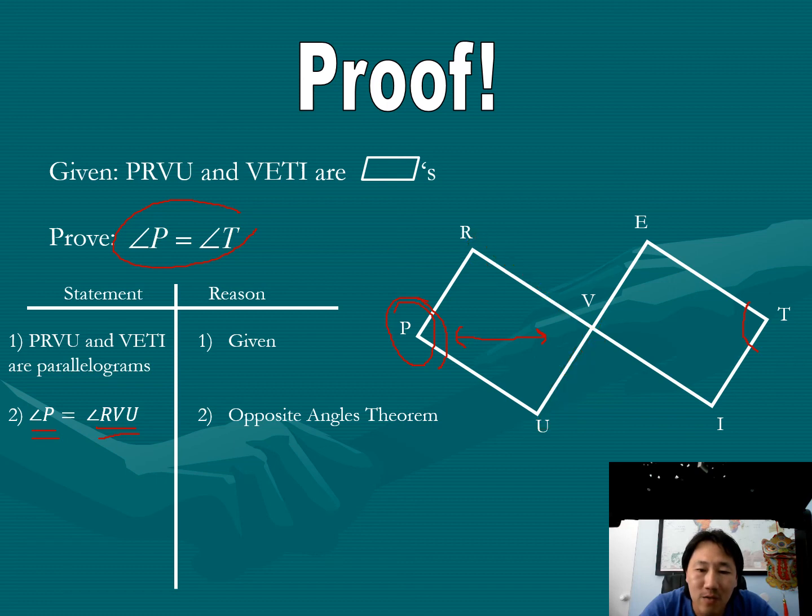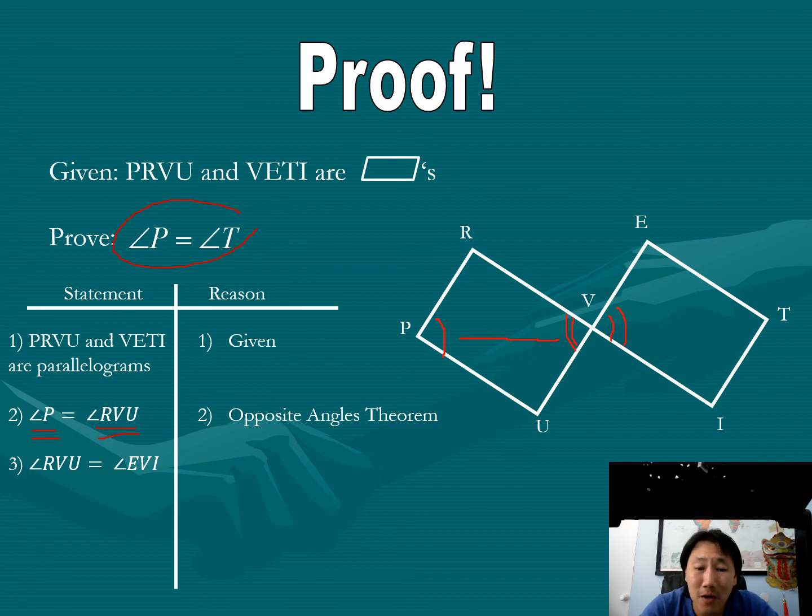So that's why that one has 3 letters. All right, so we have those 2 angles. This angle is equal to this angle. Now what can we say? Angle RVU is now equal to angle EVI, this one.